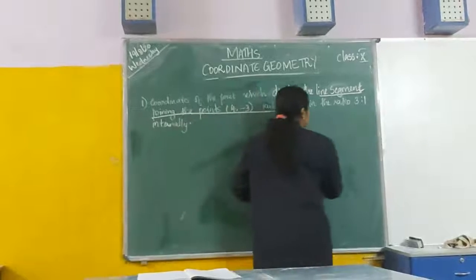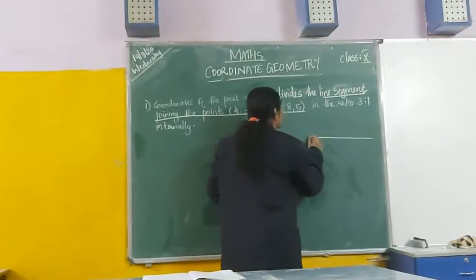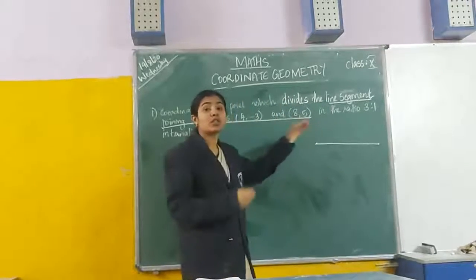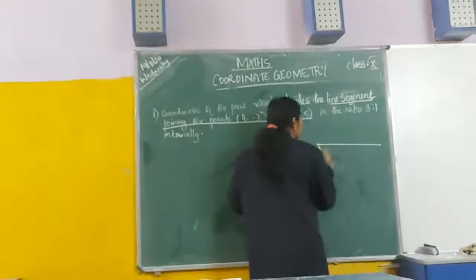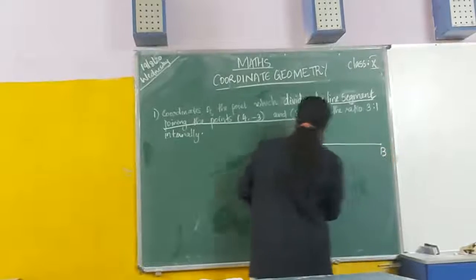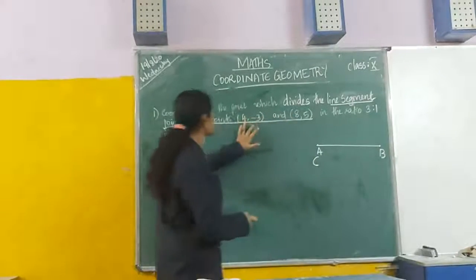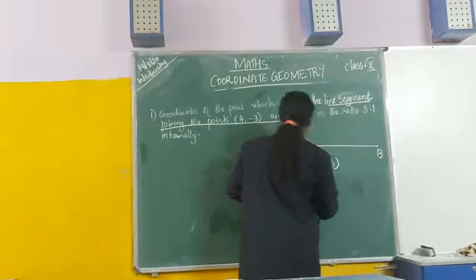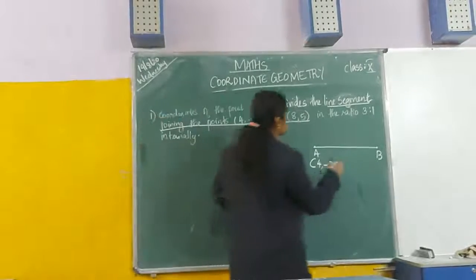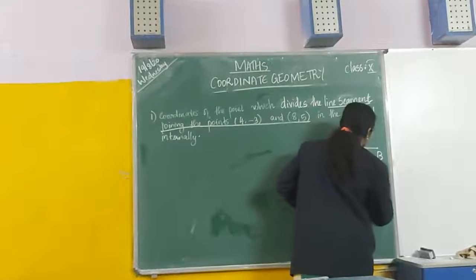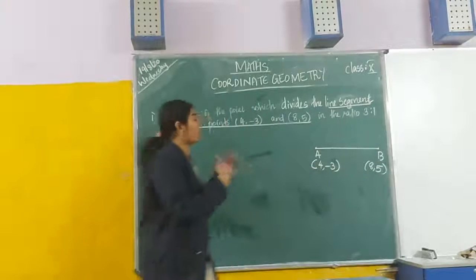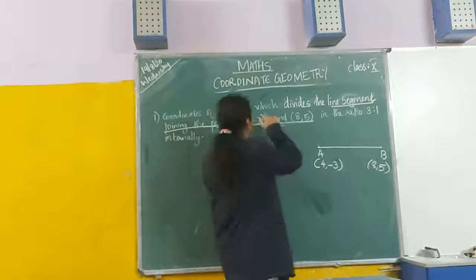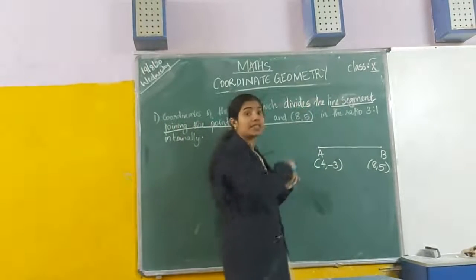So we will draw one line segment joining these 2 points. We take these 2 points as A and B. Here A is given as 4, minus 3 and B is given as 8, 5. You want to find the coordinates of the point which divides this line segment.